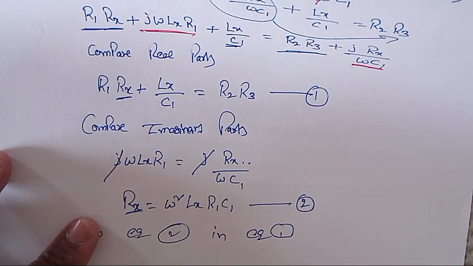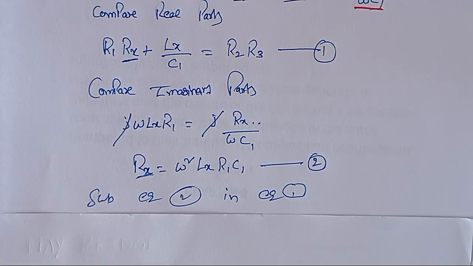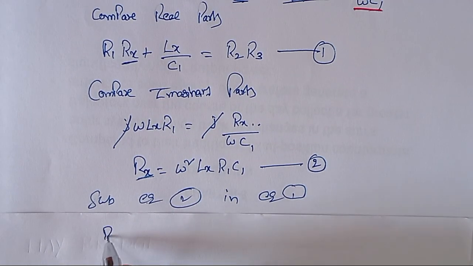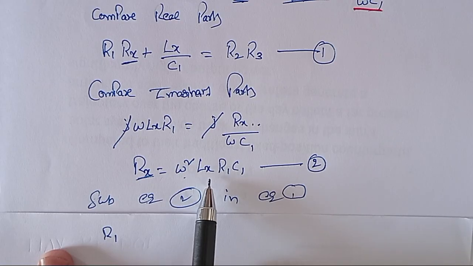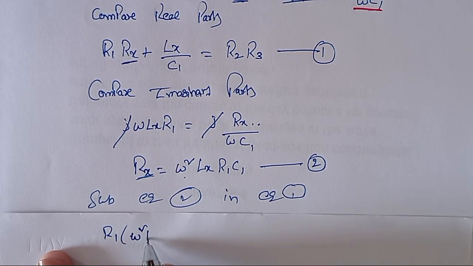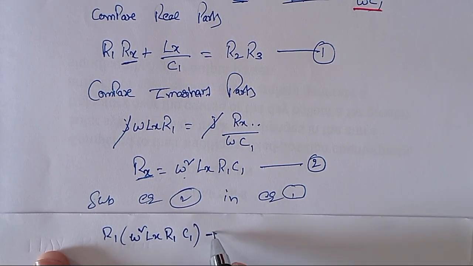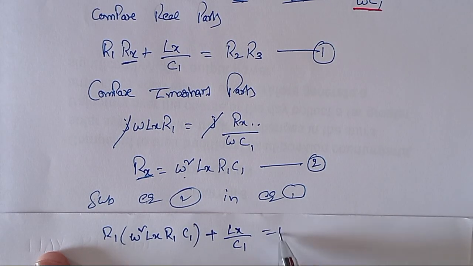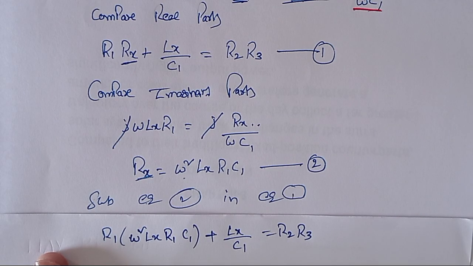So we're getting R1 as usual into Rx. Instead of Rx, just substitute this value, that is ω² Lx R1 C1, plus this one Lx by C1 equals R2 R3.